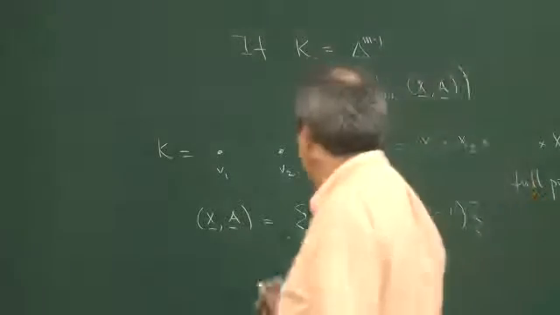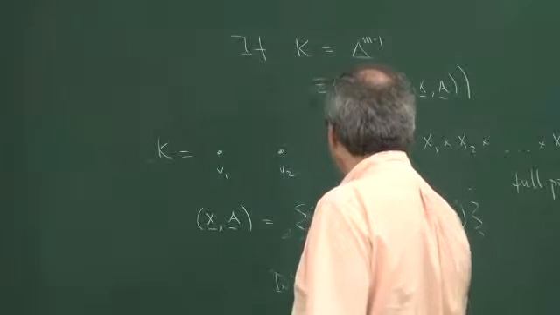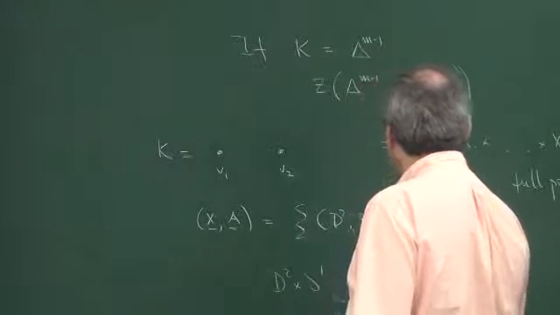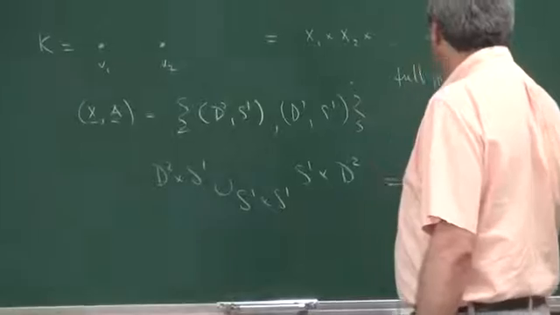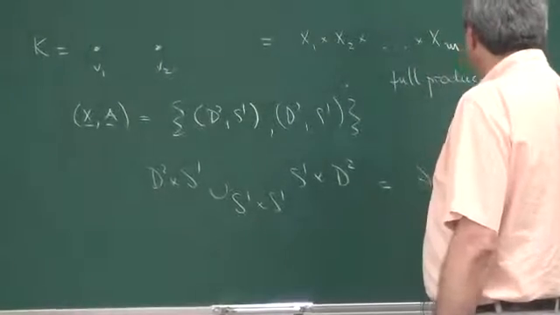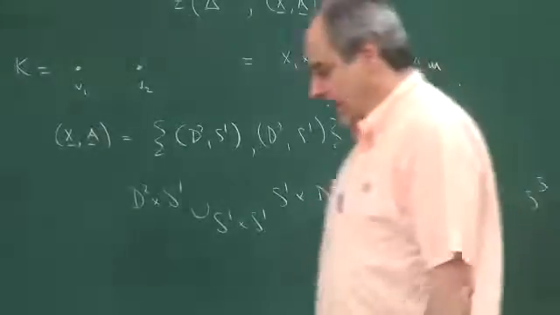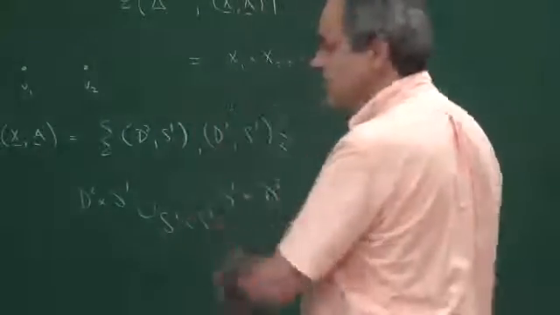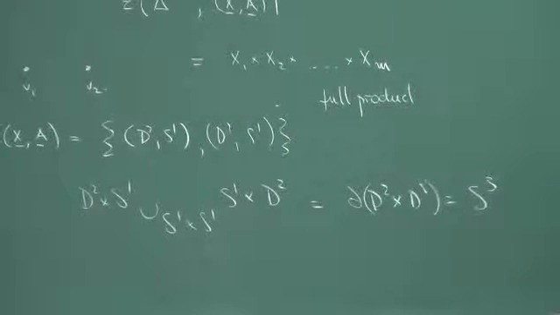So I would get D2 cross S1, union along S1 cross S1 with S1 cross D2, and this is the boundary of D2 cross D2, which is the 3-sphere. But more than that, let's see how that 3-sphere appears.